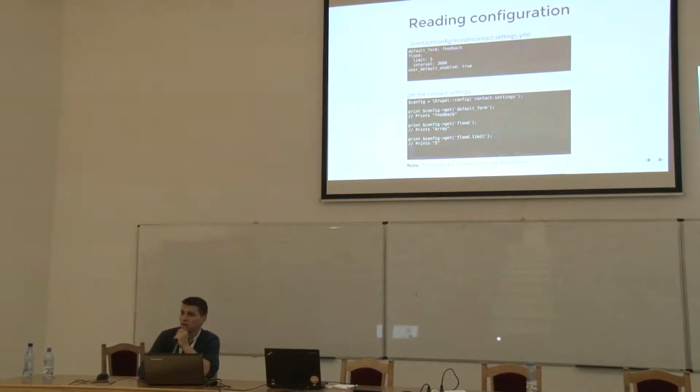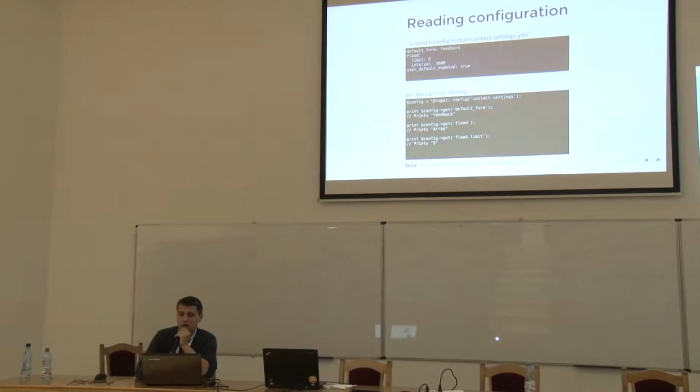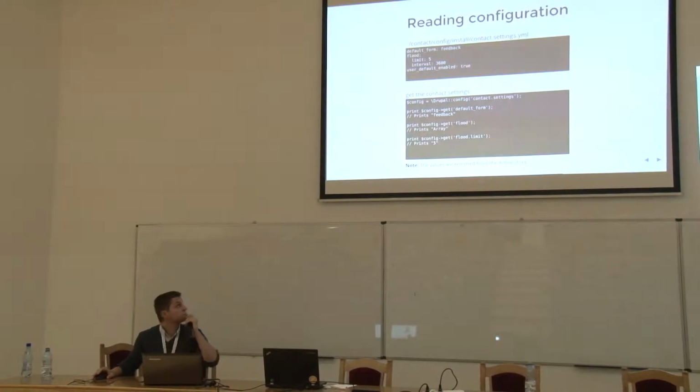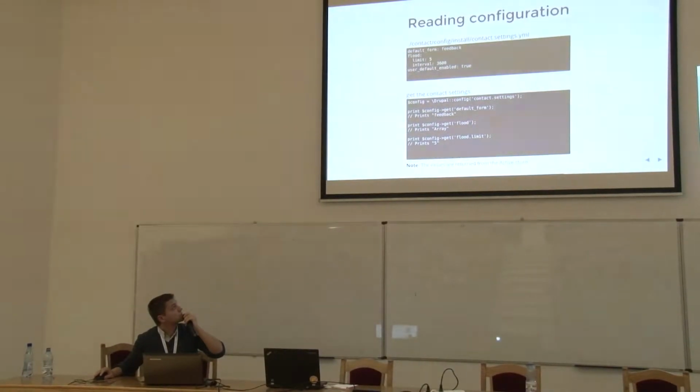Can you put the whole information in config as an array? Well, I mean to save it in the configuration, or? No, for example, you can make config an associative array that has the elements default form value, feedback, flood, which is an array, and stuff like that. Because at the moment I see you have to use the get function to get the values of the objects in contact settings YAML.